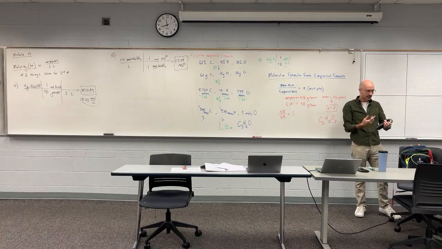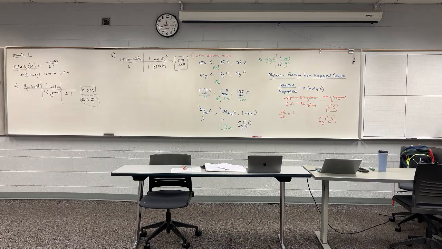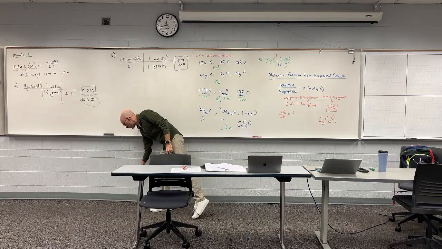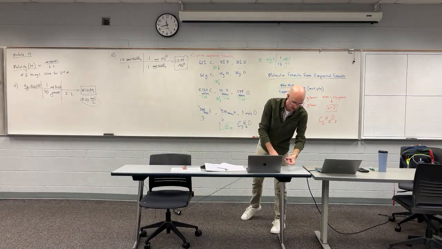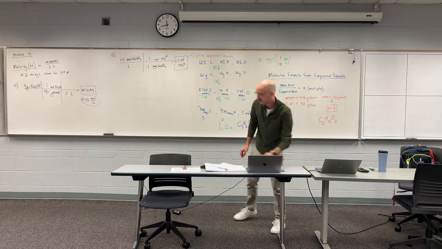On the back side, we talk about dilution. Dilution is actually one of the equations on your midterm equations chart. It's written as C1V1 equals C2V2, but it can be written different ways.